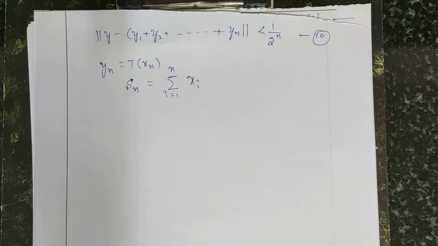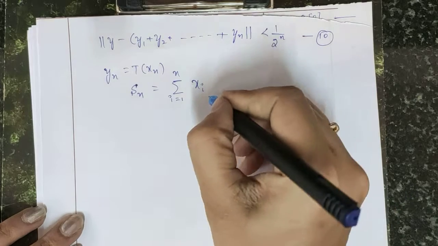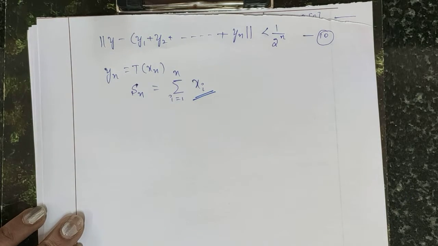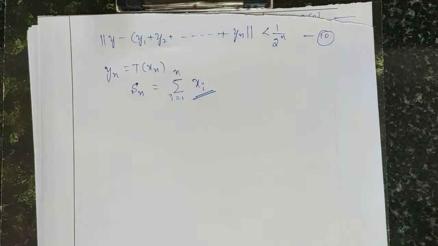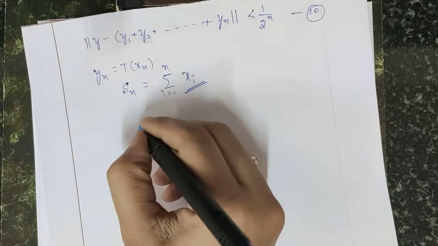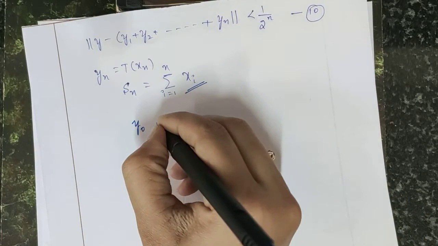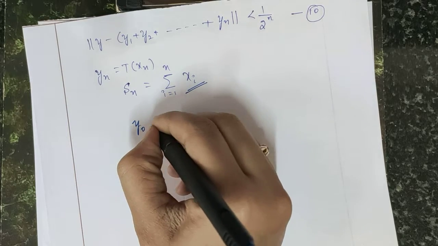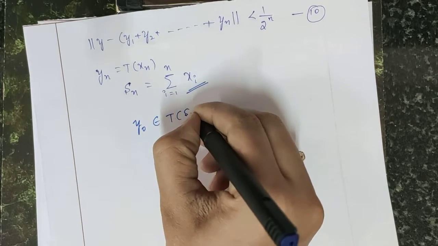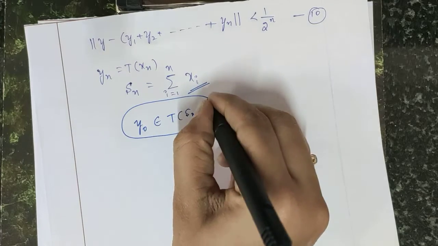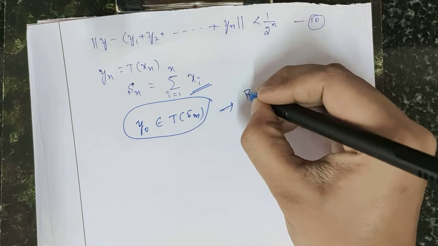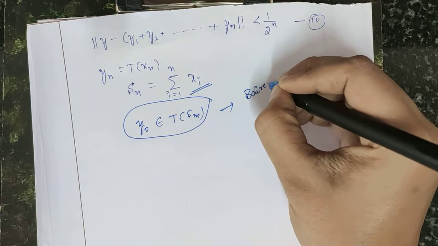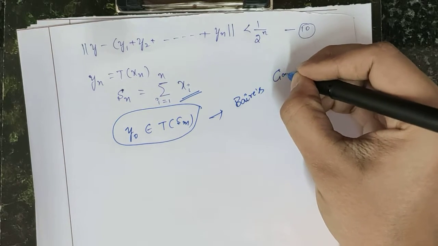Now I will continue with the next part. Till here I have already proved in the previous session. That is, first we have seen that y0 is an interior point and that belongs to T of Sm, right? This is what we have seen in the previous session using Baire's category theorem.